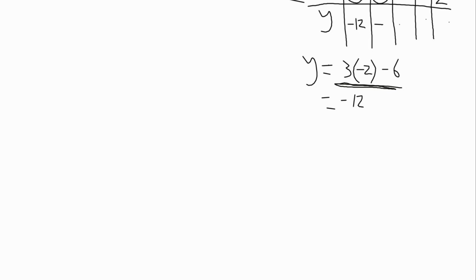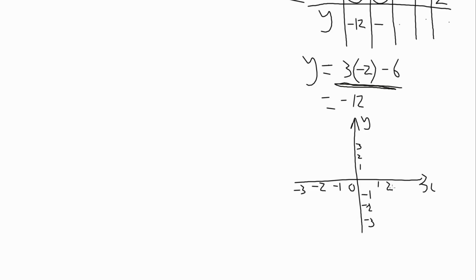The step after that is usually you draw a little graph, you label your x and y, your little 0, and then students write -1, -2, -3, and then the same for the y-axis, -1, -2, -3, and the same for the positive values, 1, 2, 3, and so on.